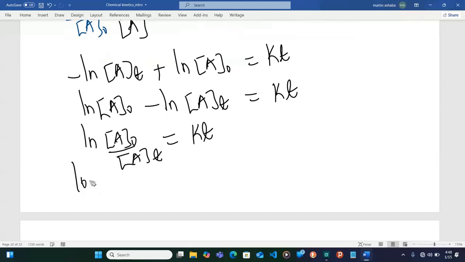Remember, this represents logarithm to base e of the concentration of A at t equal to 0 divided by the concentration of A after t. So this is giving us kt.